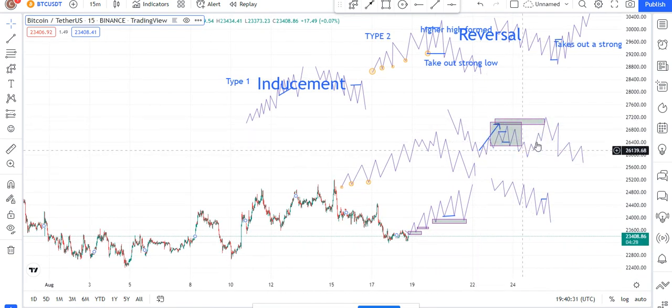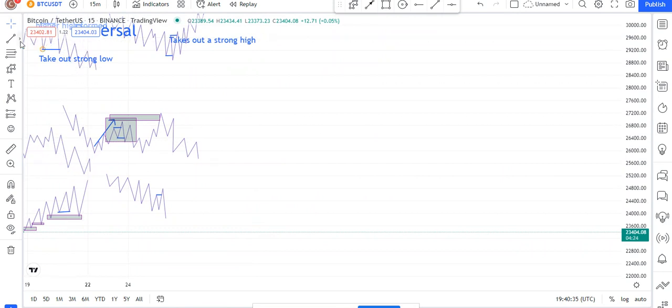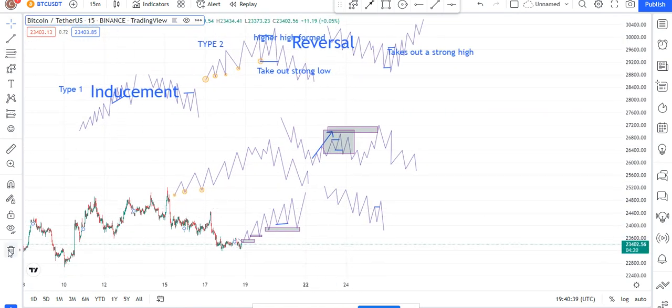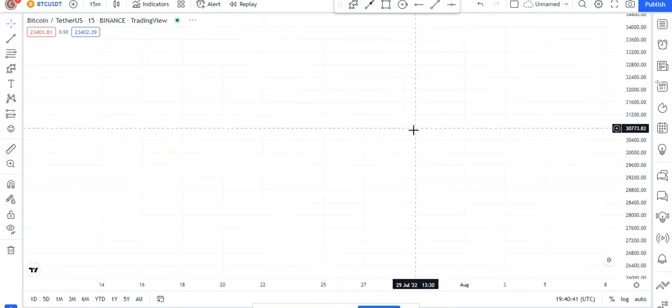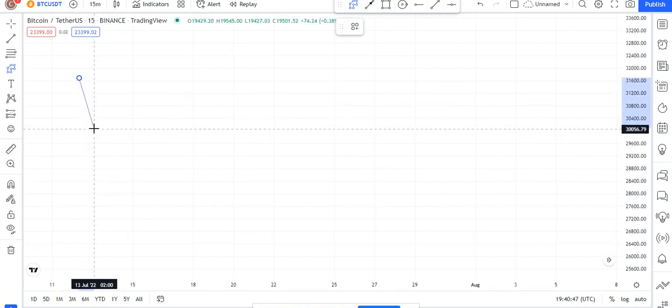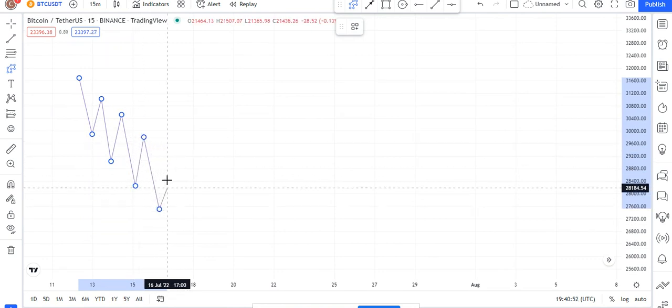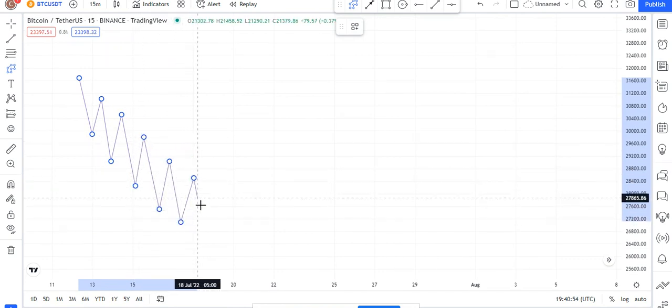Okay. This example here. Let me draw it out again to remind you guys. So we have something like this. We have a trend moving this way. Right?